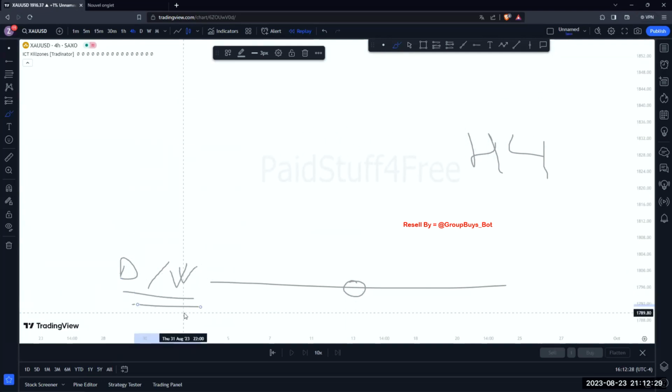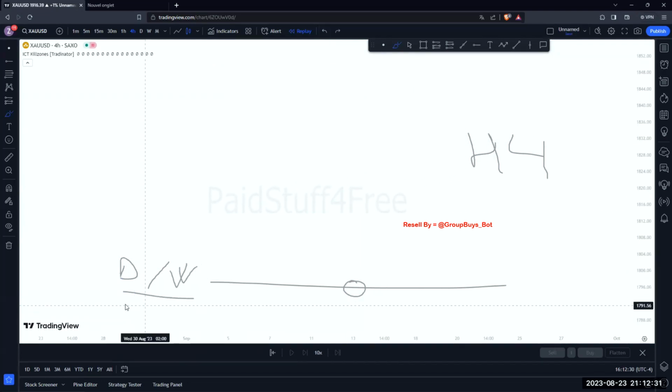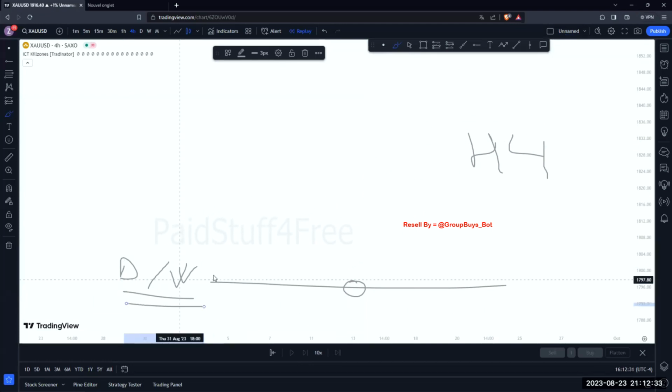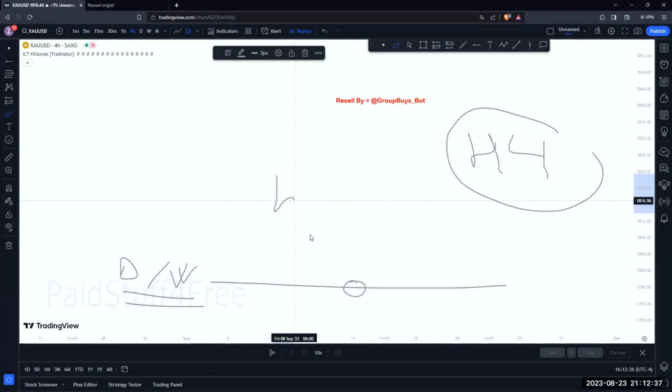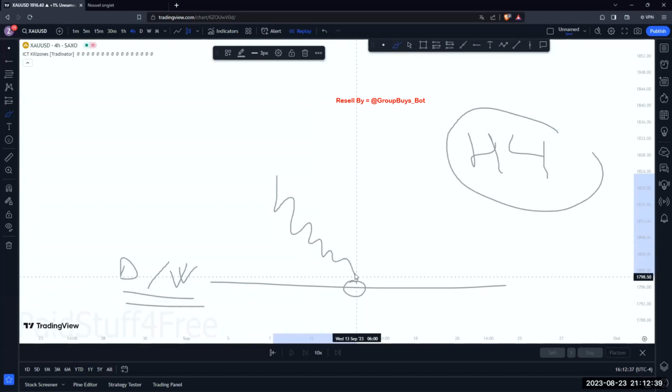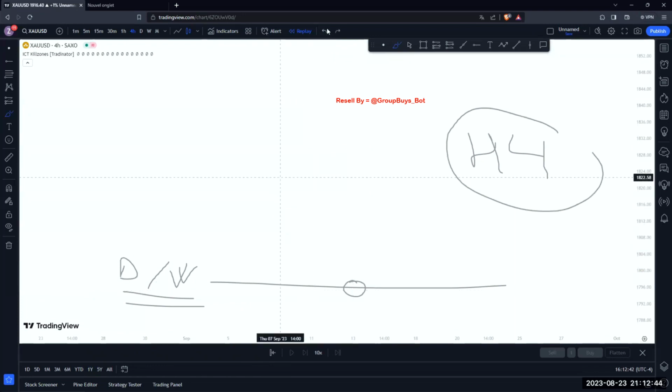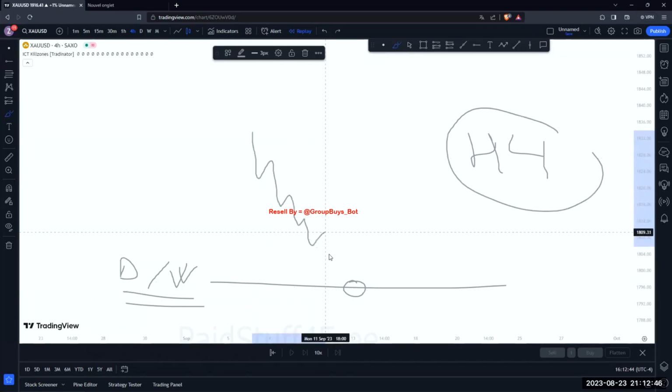So you're going to need two time frames, daily or weekly. It doesn't matter as long as it's fresh, right? And H4 structure, right? So what you're going to need from H4 structure is the touch.